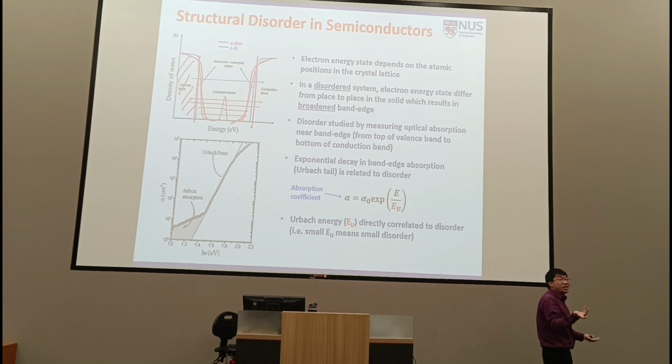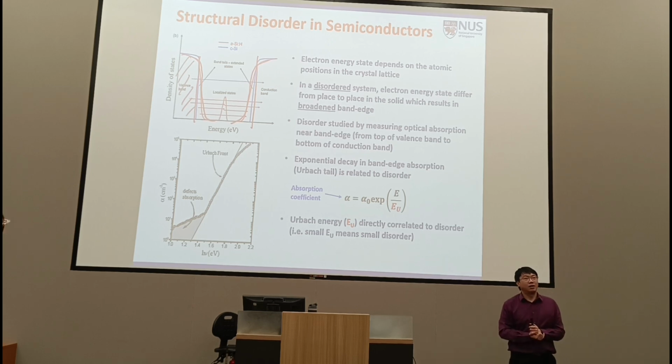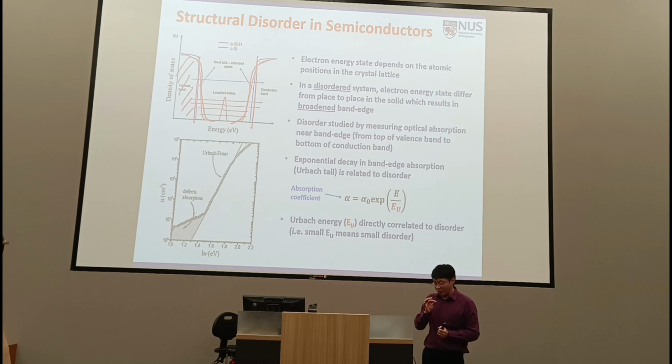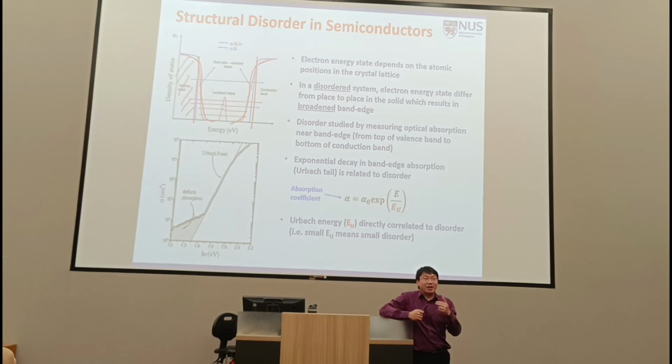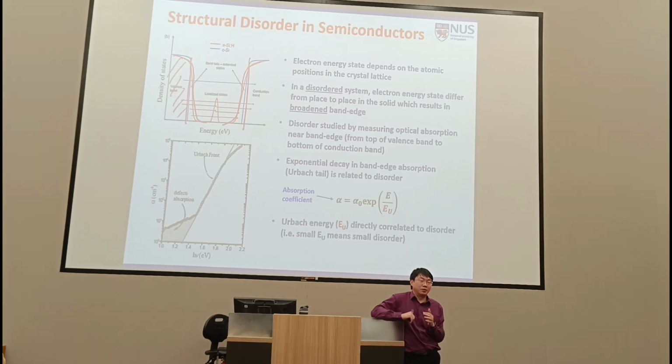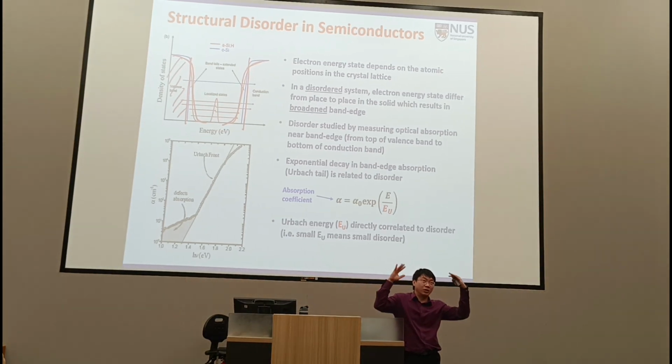What's the reason for this slope? Think about it. What is the fundamental nature of these bands? It's bonding orbitals and anti-bonding orbitals. As we recall, the valence band is basically made up of filled bonding orbitals, and the conduction band is basically anti-bonding empty orbitals.